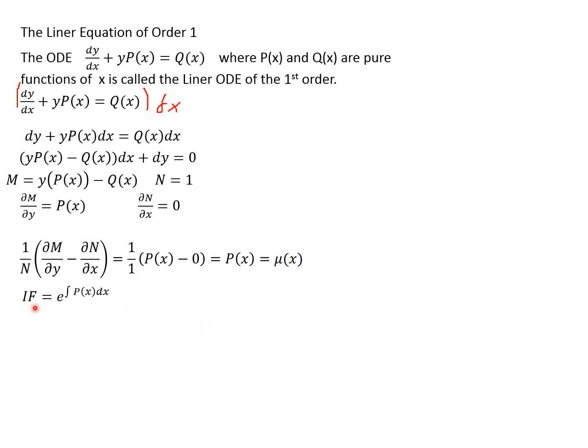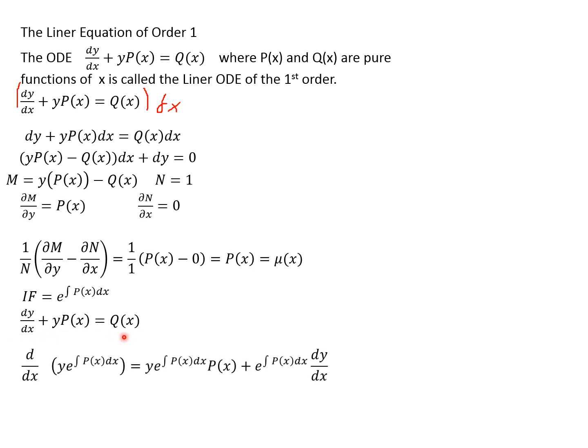Now instead of multiplying the equation by e to the integral of p(x) dx and solving the exact equivalent differential equation, we can start with this form. This is the original differential equation. Then we just differentiate y times the integrating factor.